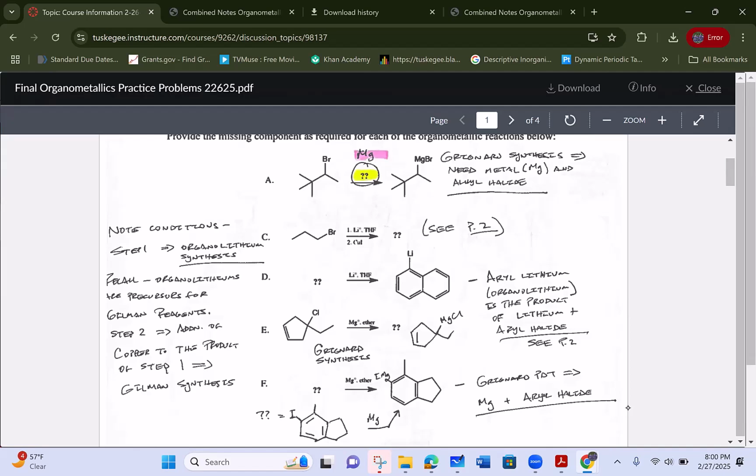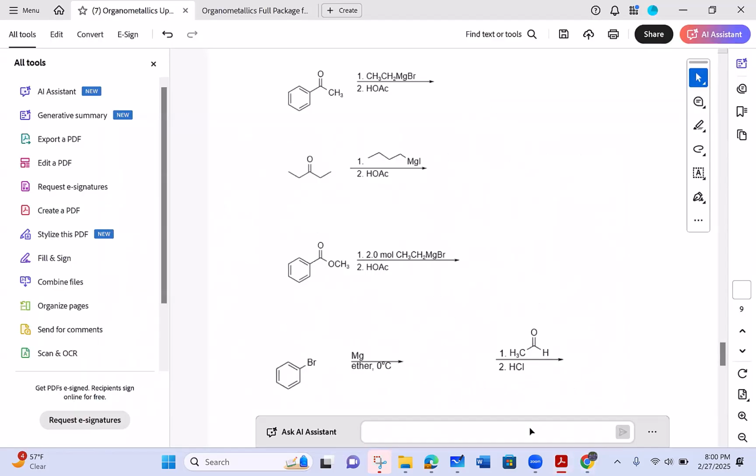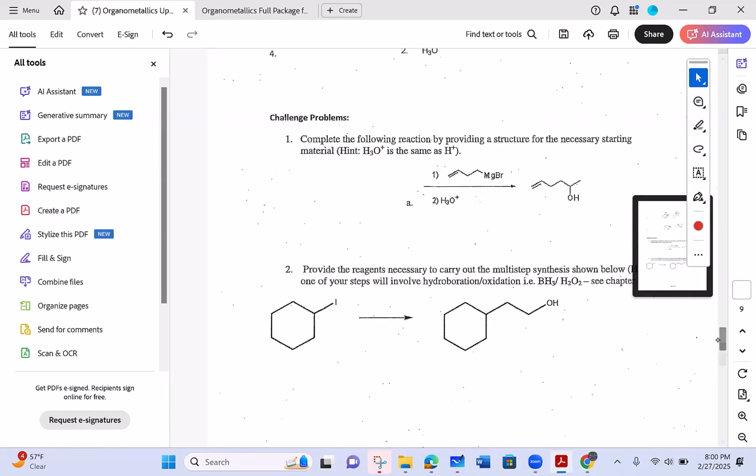Well, the question is, how do we know what to take out of it? Not that sheet, but the one you were just on. It's the long list of CH3, CH2, Mg. How do we know which one we're replicating in the product? So you're talking about this handout right here? Yes, the one where it says number one and then it's all that chunk. How do we know what we're putting on the product?